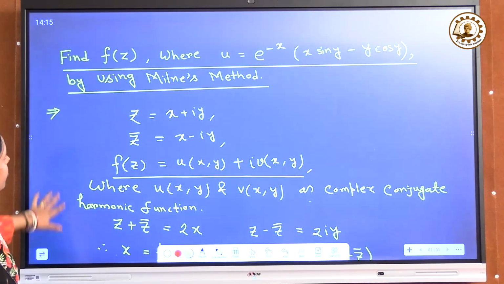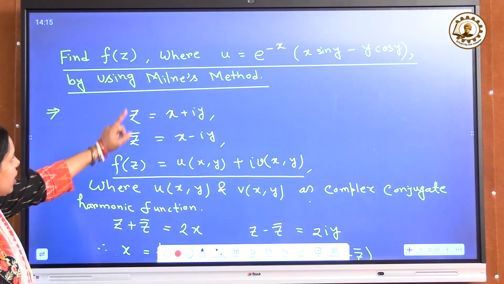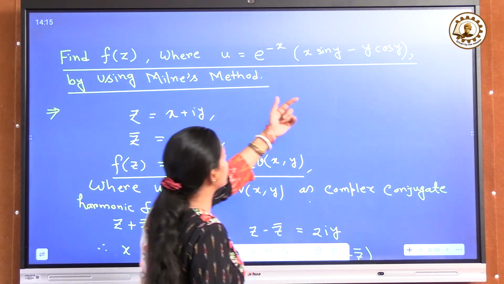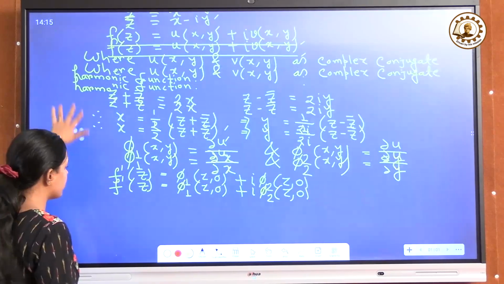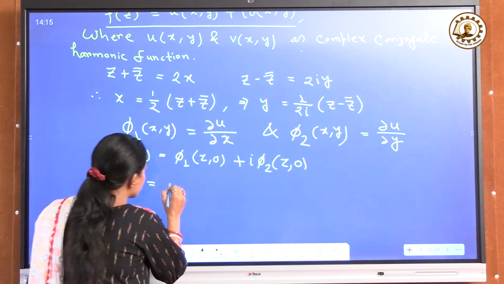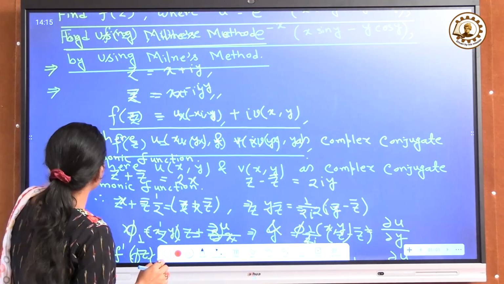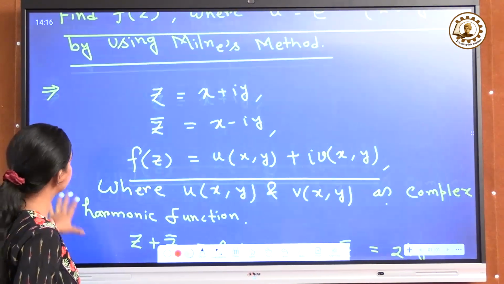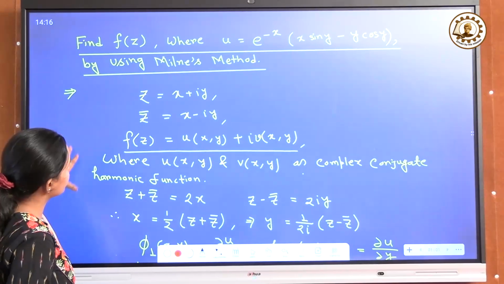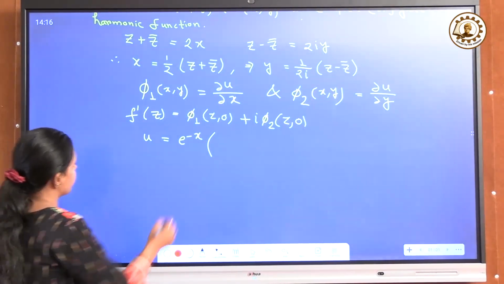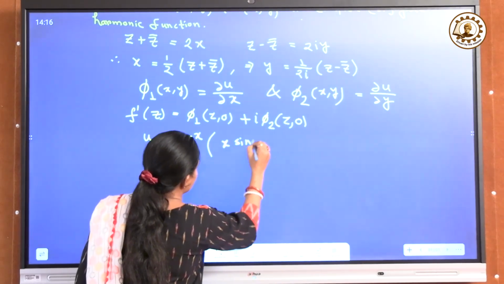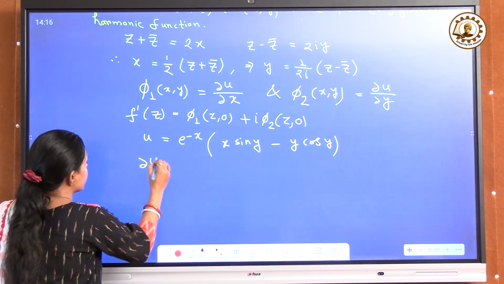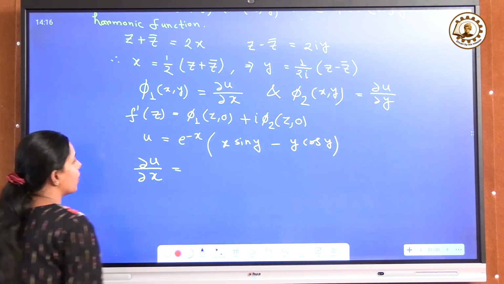In our example, what do we find? The function of z. We are given in this question u equals e to the power minus x times (x sin y minus y cos y). So first, with respect to x, what is del u del x?